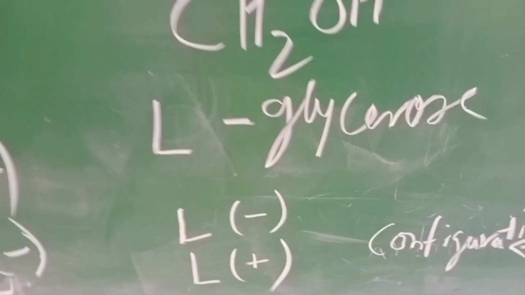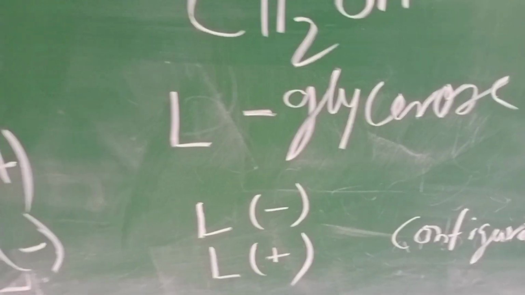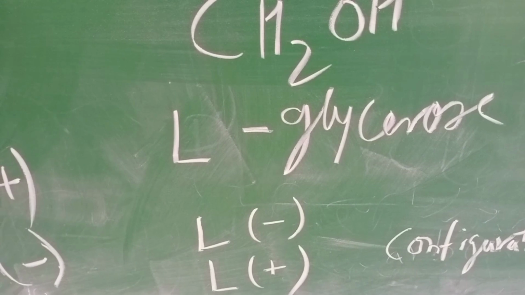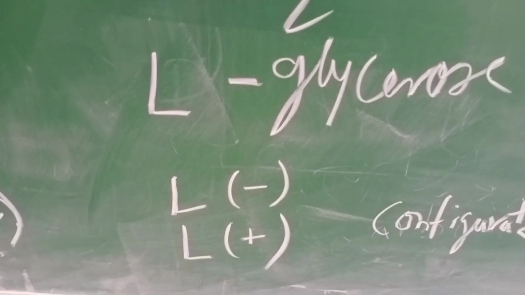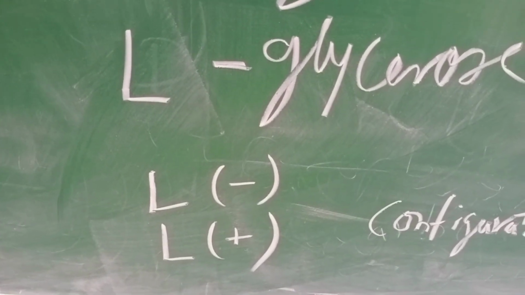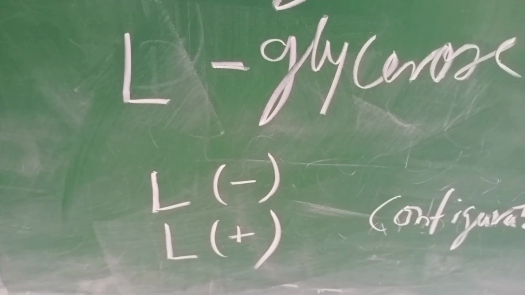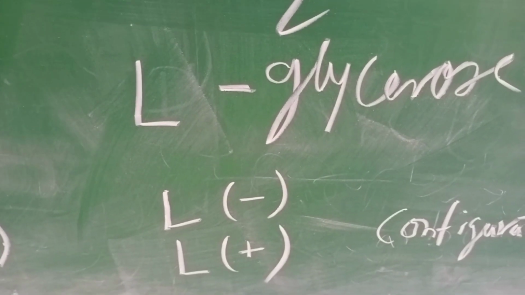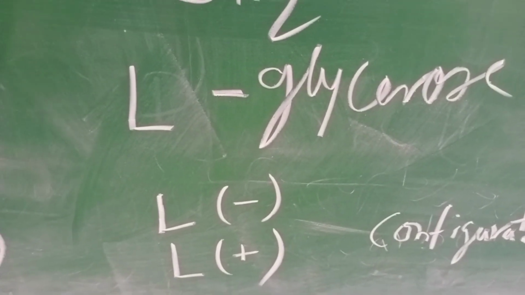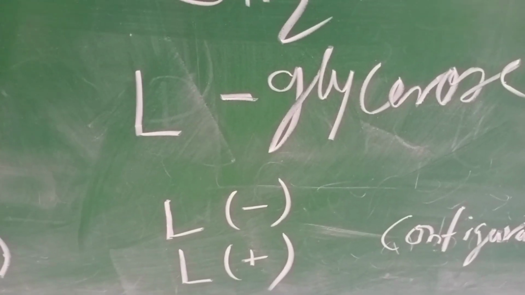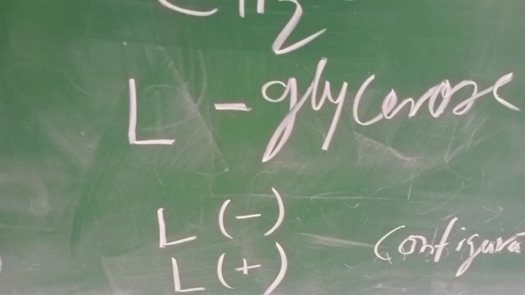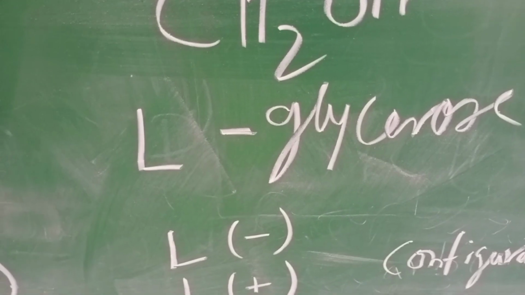Now, the L-glycerose molecule can also be represented as L within brackets negative glycerose, or the same molecule can be represented as L within brackets positive glycerose.